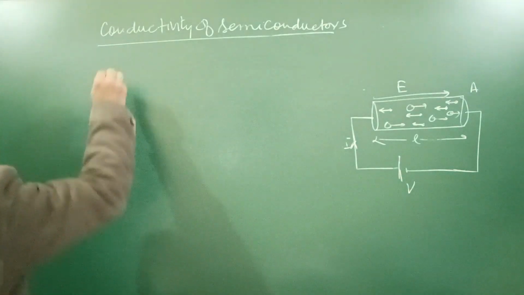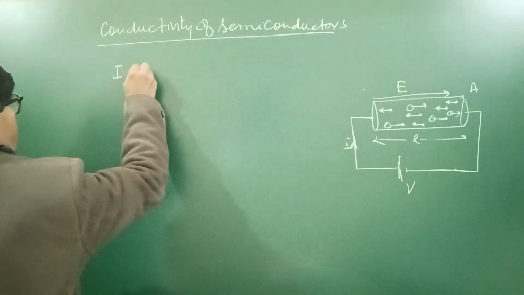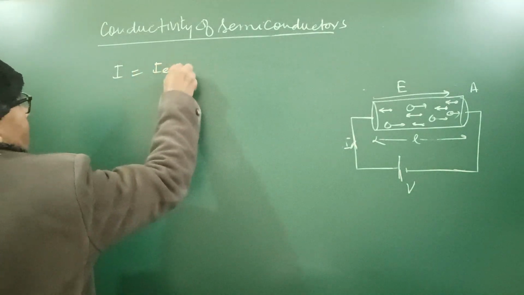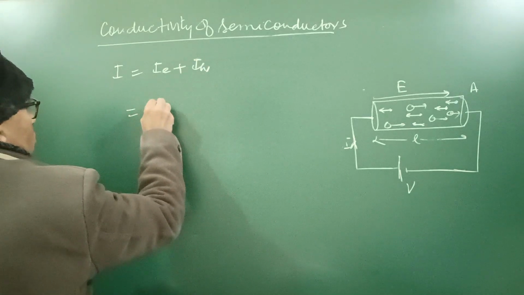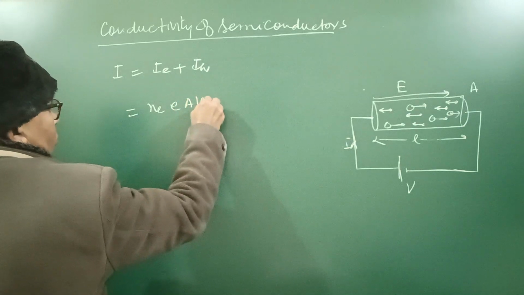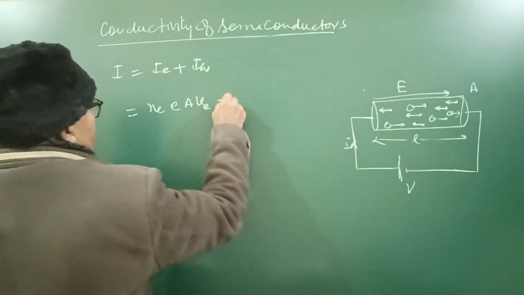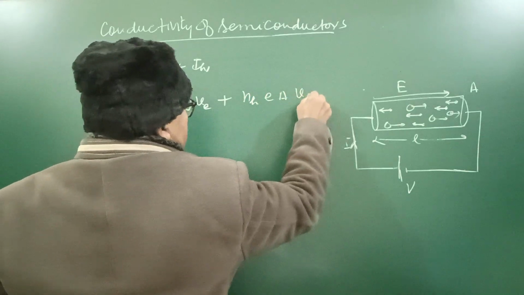But total current I will be equal to IE plus IH, and IE is equal to Ne E A VE plus Nh E A VH.